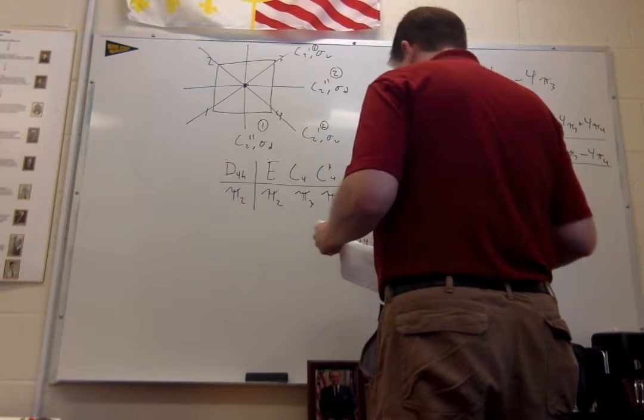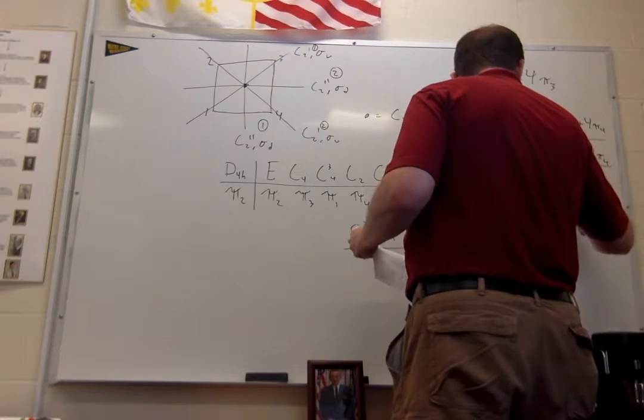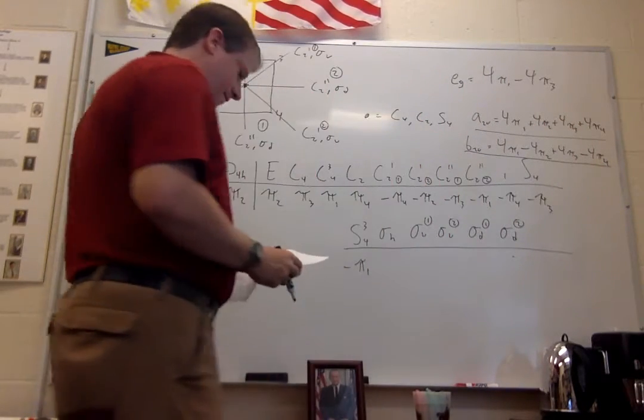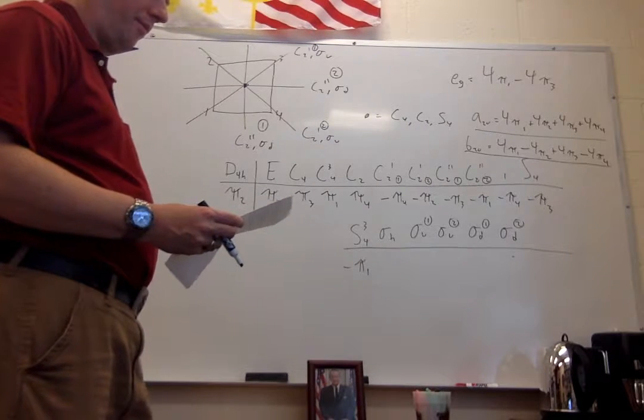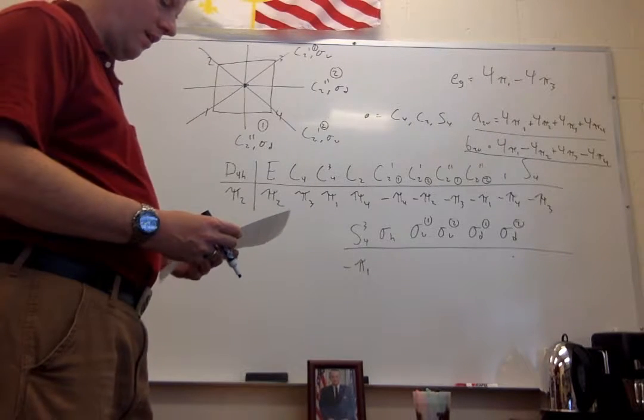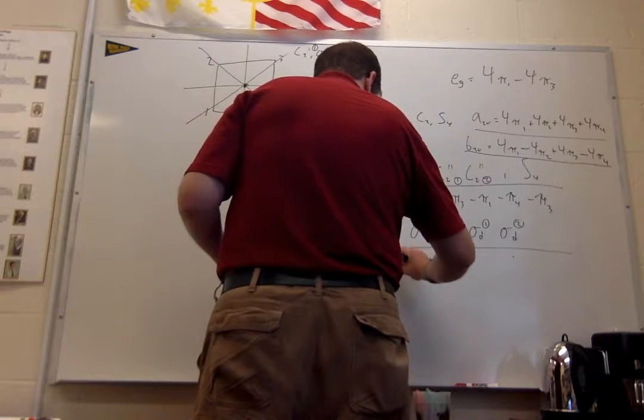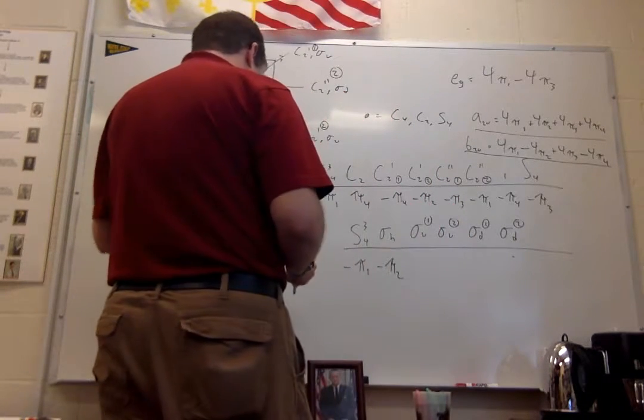For the S4, negative pi 3. For the S43, negative pi 1. And then finally, the horizontal flips the orbital over, negative pi 2.